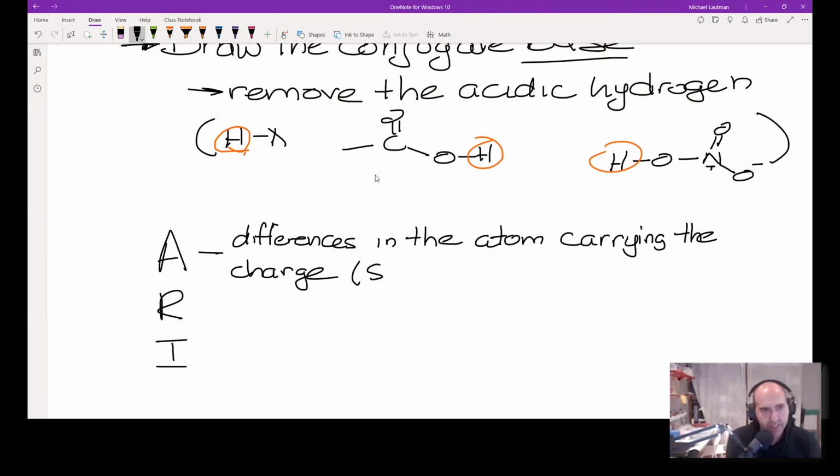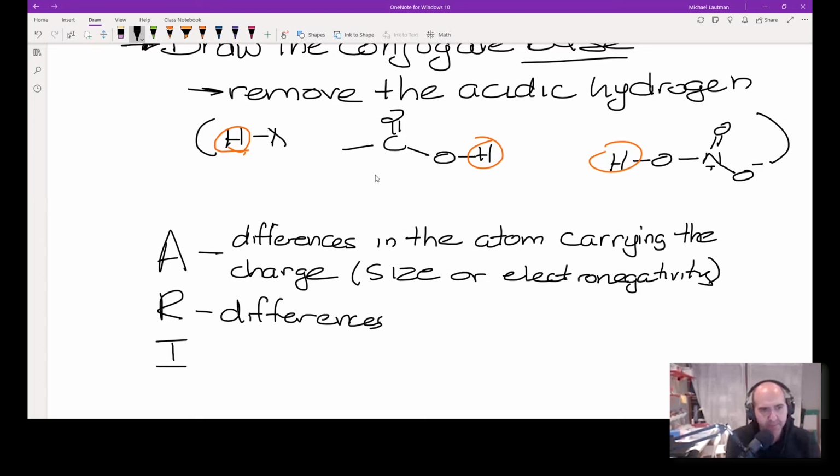And they differ in size or electronegativity. After that, it's differences in resonance. And then it's differences in inductive effect.